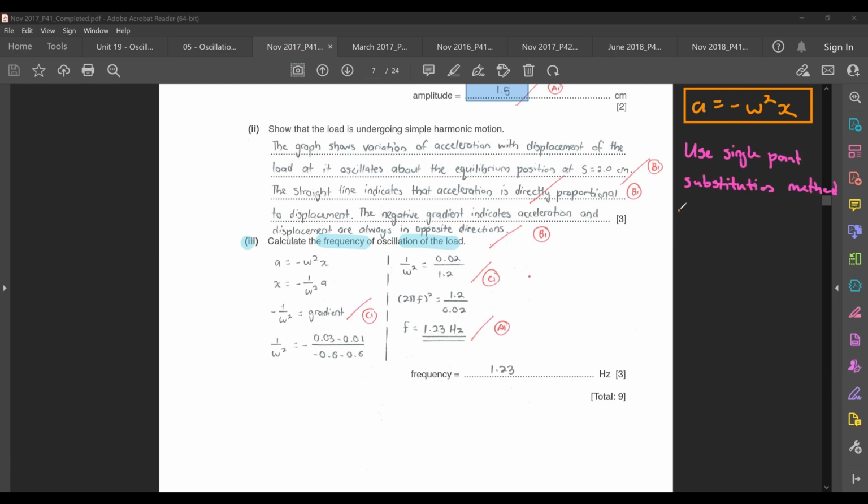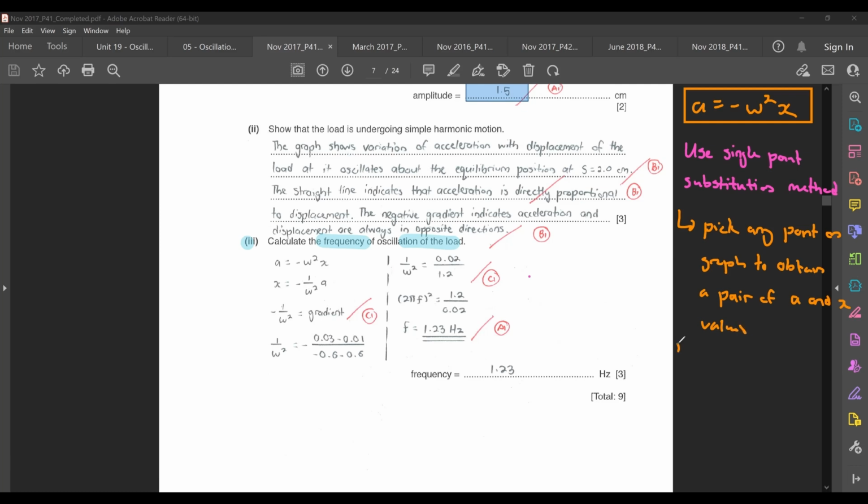where it means that you pick any point on graph to obtain a pair of A and X values.